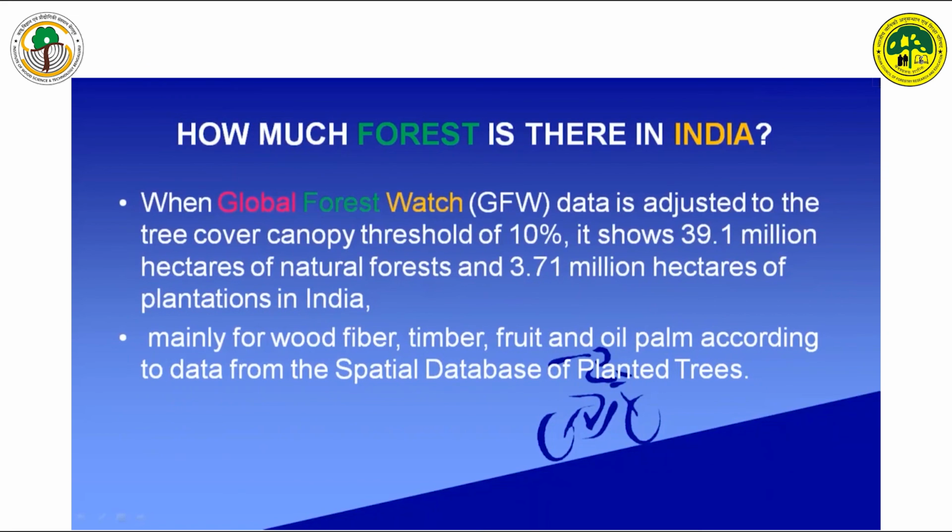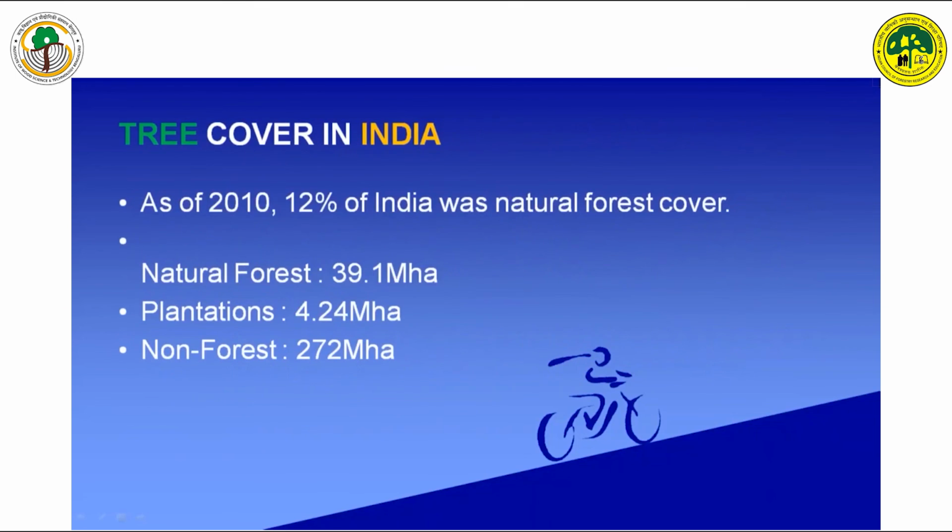Mainly wood fibers, timber, fruits, oil, palm, according to the spatial database, meaning remote sensing, which is visualized through the air. So the spatial database of planted trees can also be visualized.